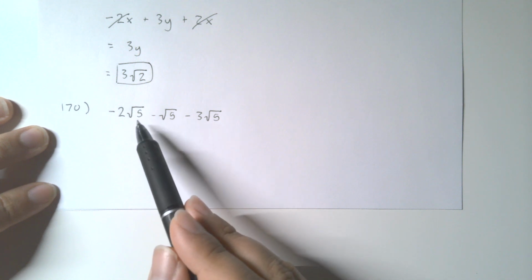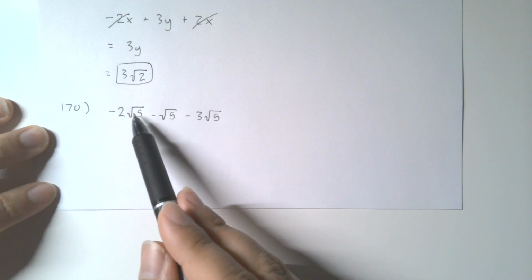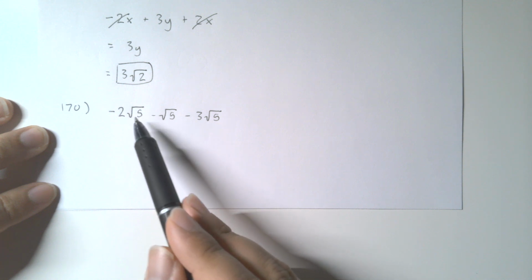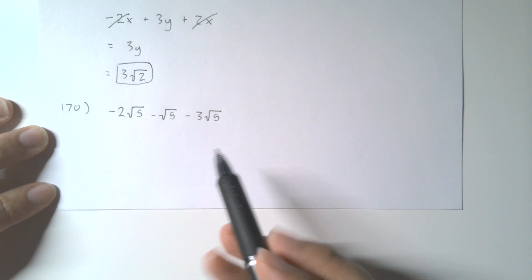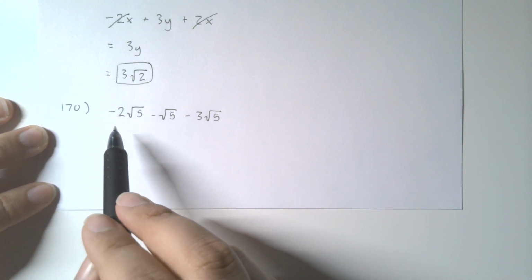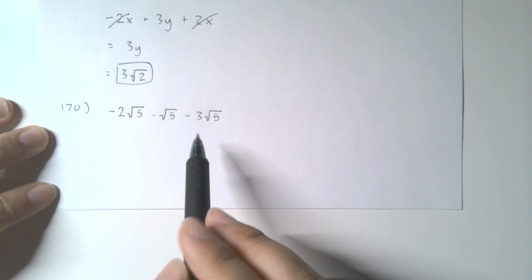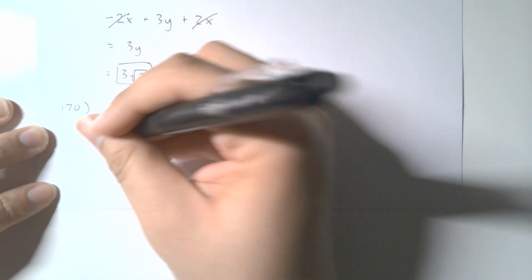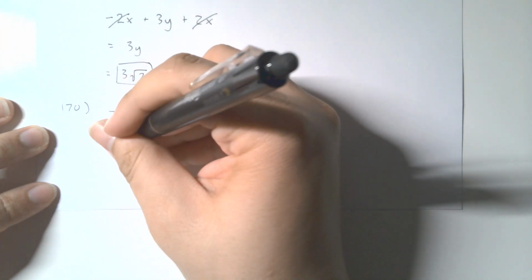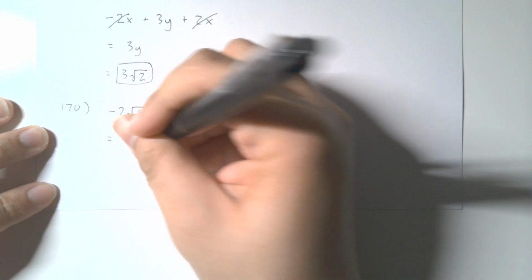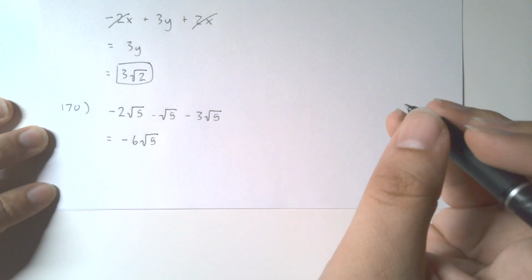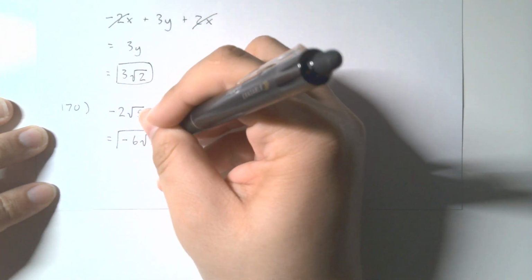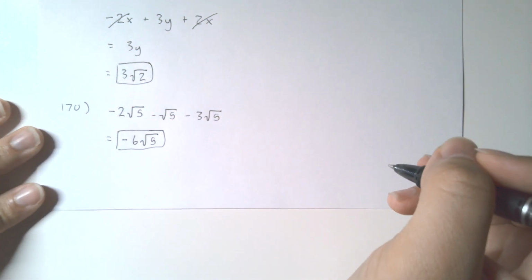It doesn't actually matter what this thing is that we're multiplying by. It can be a square root of 5, it can be an x, a y, anything you want. But if we have negative 2 of them, we take one away, and we take away 3 more, negative 2 minus 1 minus 3 is negative 6 of whatever we are multiplying by. So in this case, we would have negative 6 square root of 5. And so this would be our final answer.